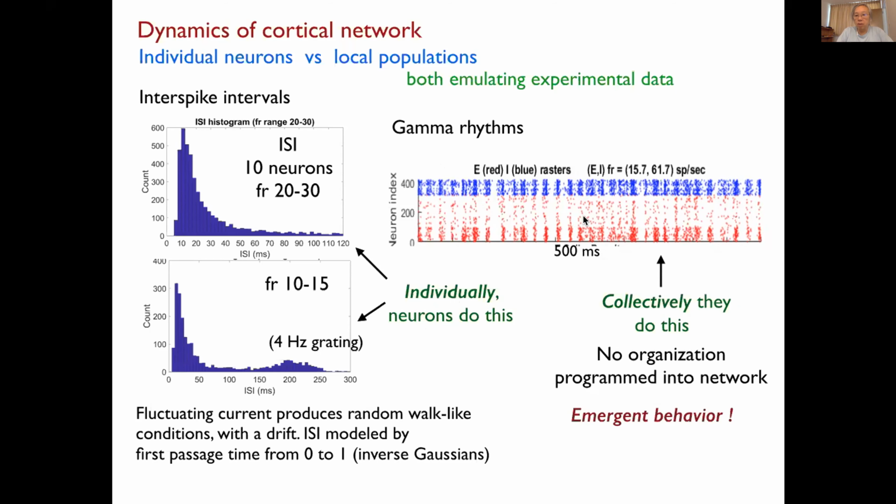It produces a rhythm, and I want to emphasize that there was nothing that I did to cause this to happen. The neurons are certainly not grouped in any way. They are kind of randomly picked, and yet they self-organize into this kind of spiking pattern with the frequency at a gamma band. Okay, and this is an entirely emergent behavior.